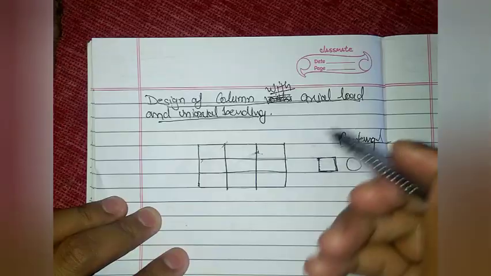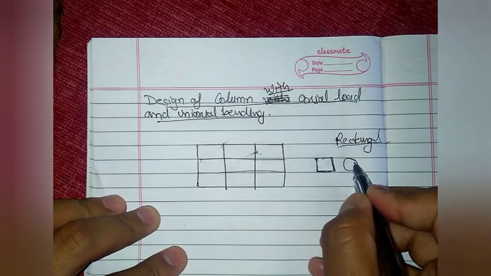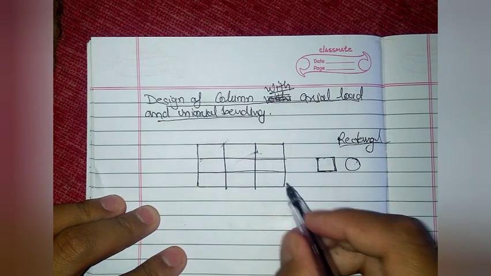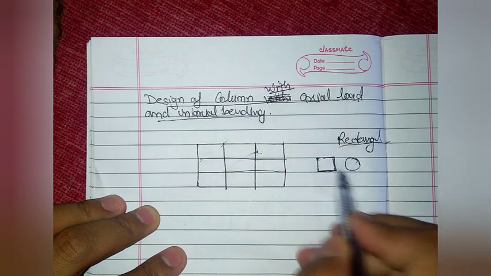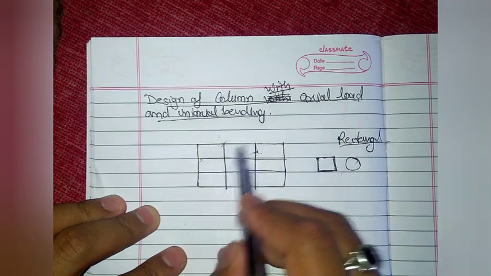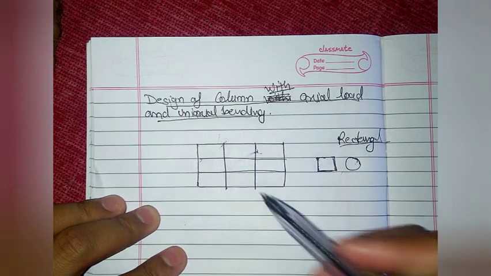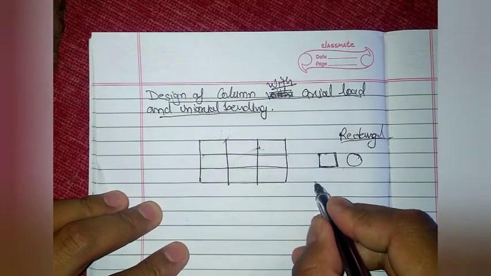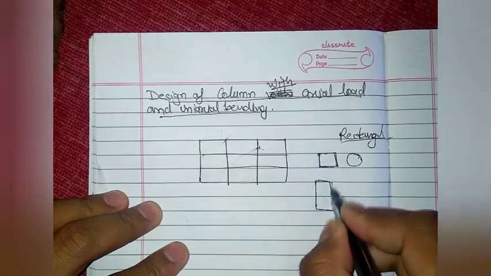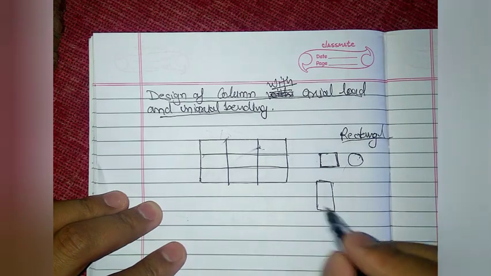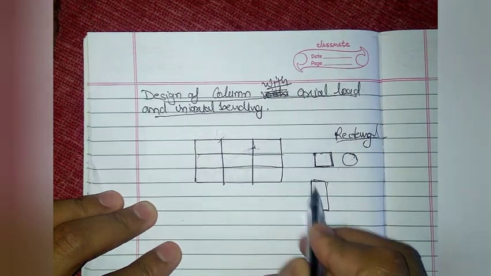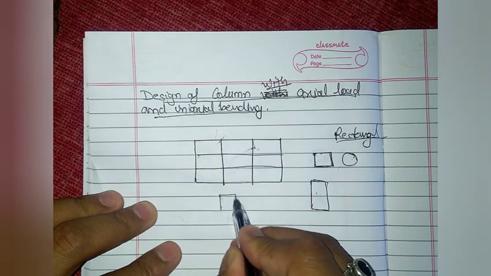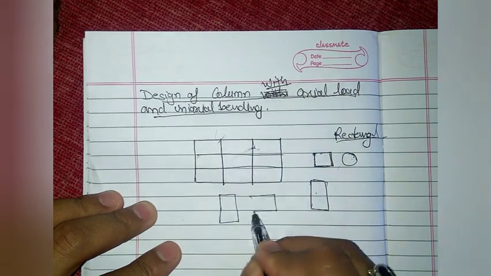If we are using square or circular columns, we need not take into account the orientation of these shapes while designing the column for the frame. But if we are designing the column with a rectangular shape, then we obviously need to check what the orientation of this column in the building should be, whether in this manner or in this manner.